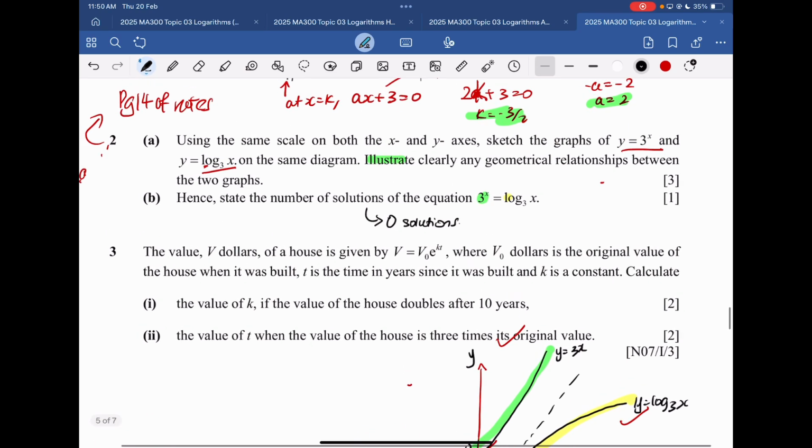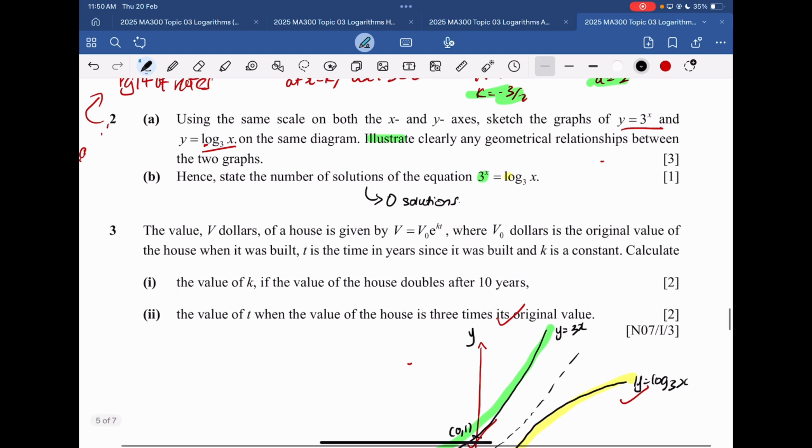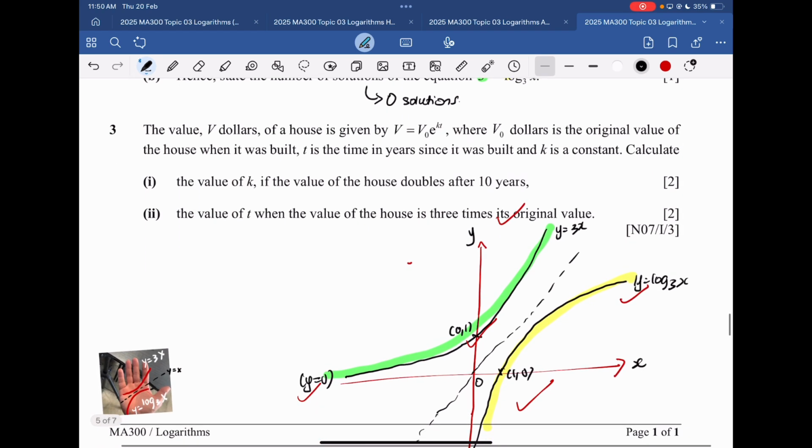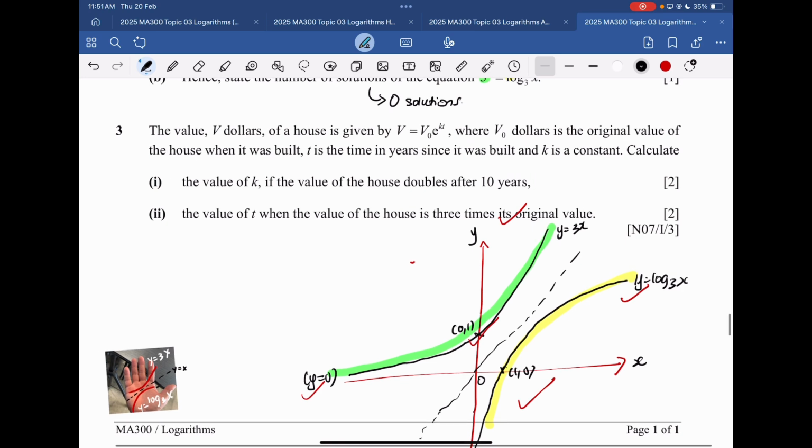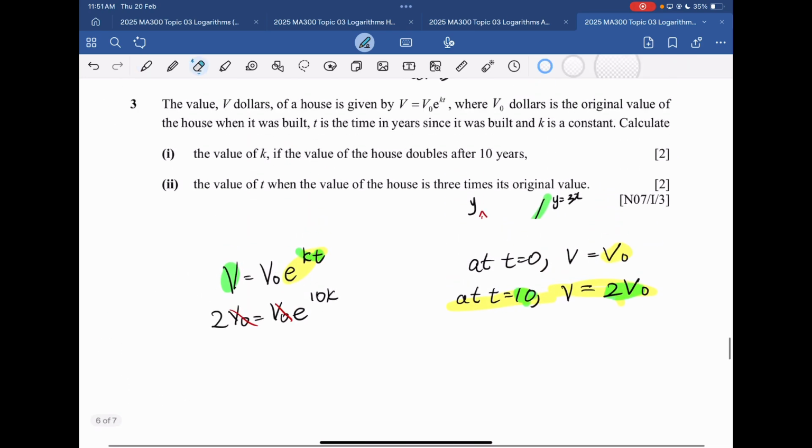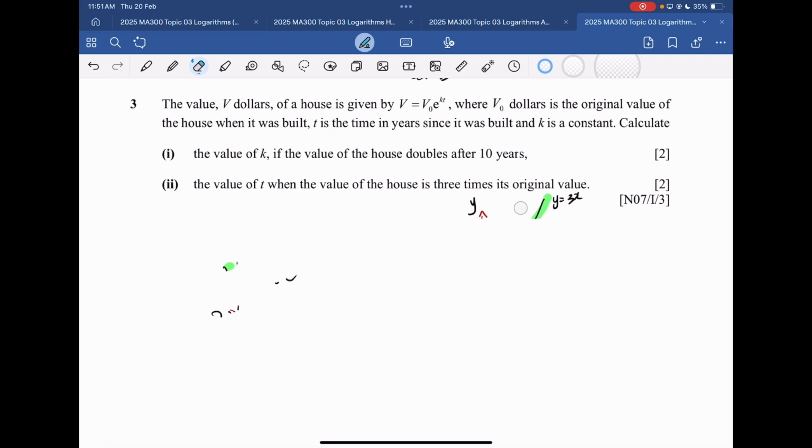So that's 2B. Then I go to question 3. Let me go slowly.